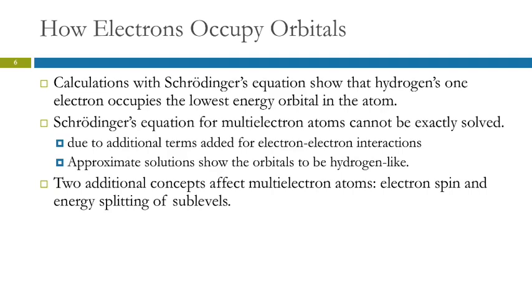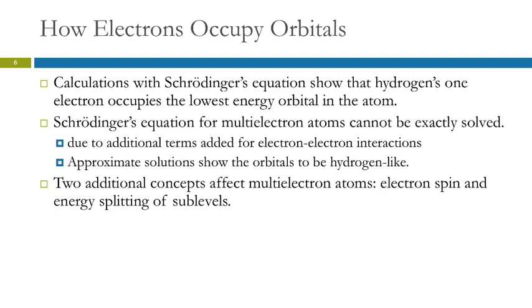Calculations using Schrodinger's equation show that hydrogen's 1 electron occupies that lowest energy orbital. We can solve Schrodinger's equation for the hydrogen atom because there's only 1 electron. We can't solve that equation for multi-electron atoms, which is everything else, because the electrons interact with each other.